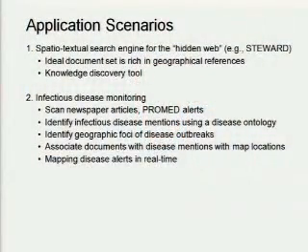Some application scenarios are the spatial textual search engine for the hidden web, which I mentioned before. We've also done it for infectious disease monitoring. We scan newspaper articles and ProMED alerts, and we identify infectious disease mentions using a disease ontology which we've developed. So now, instead of just a geographic focus, we also have an ontology focus for the document.